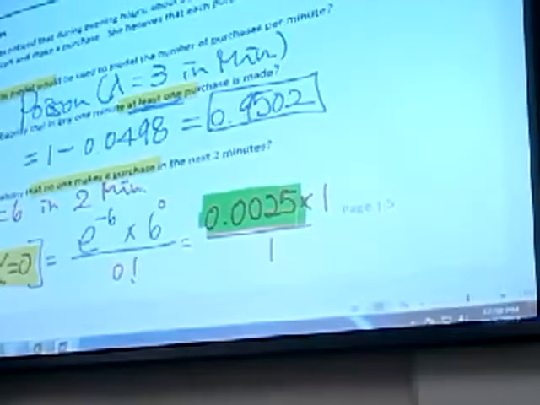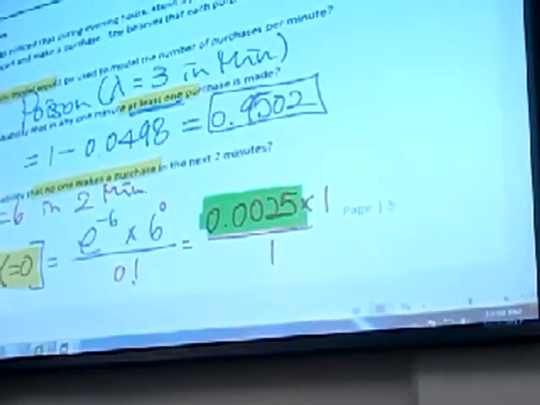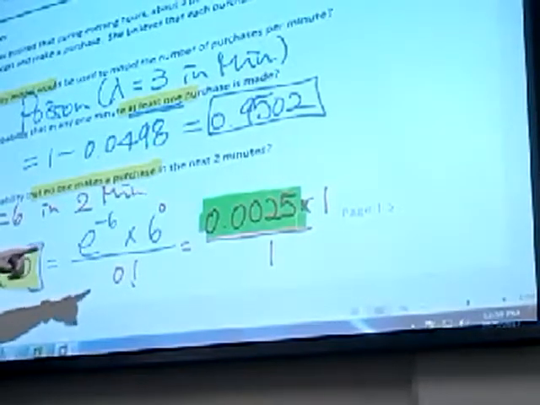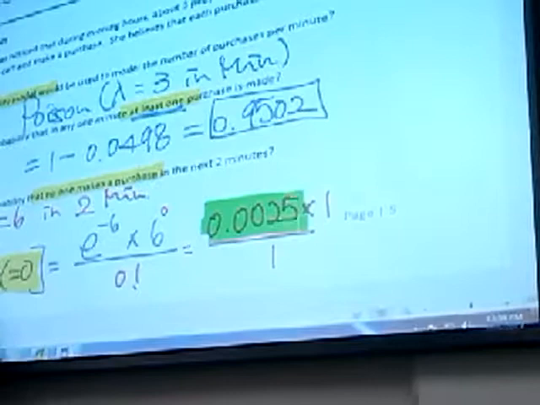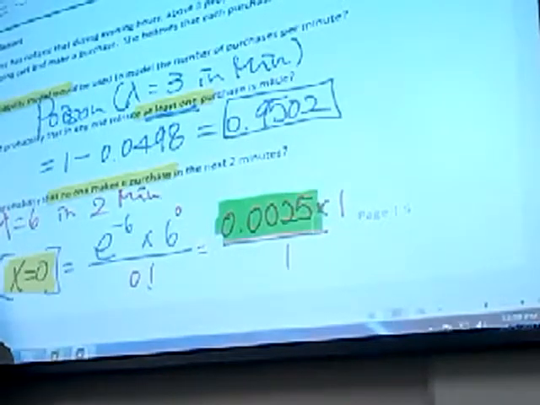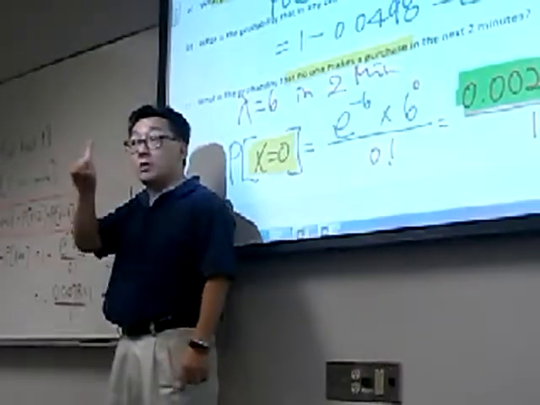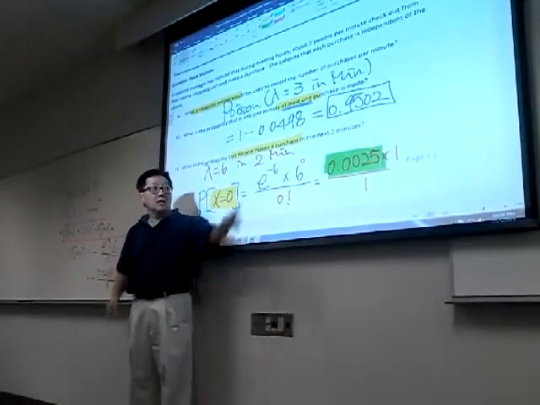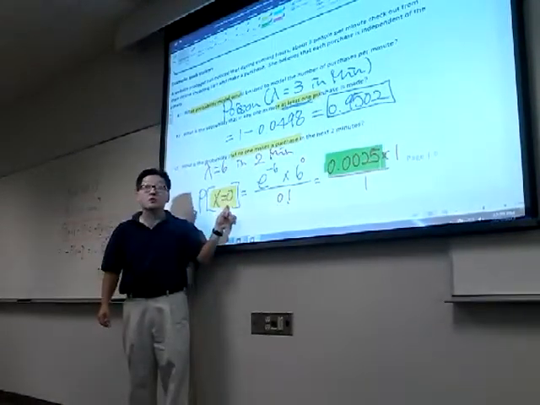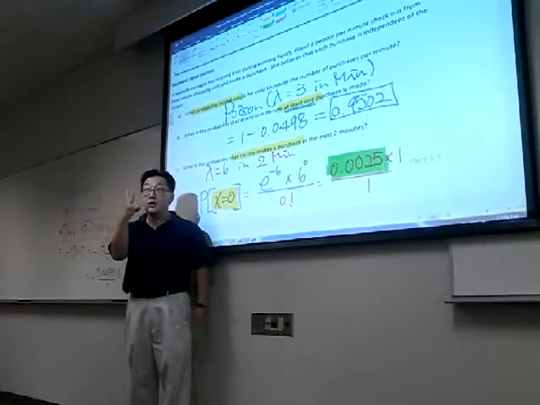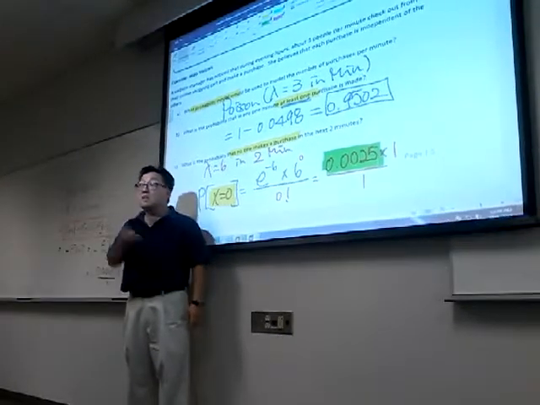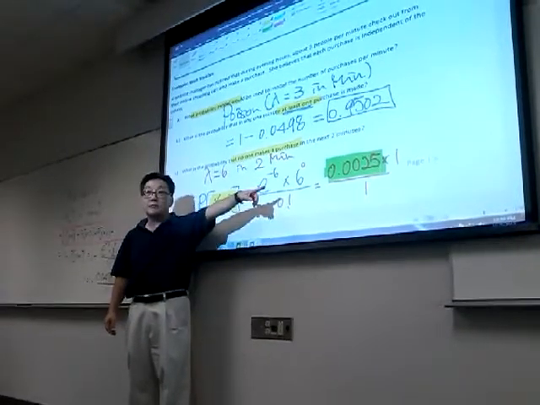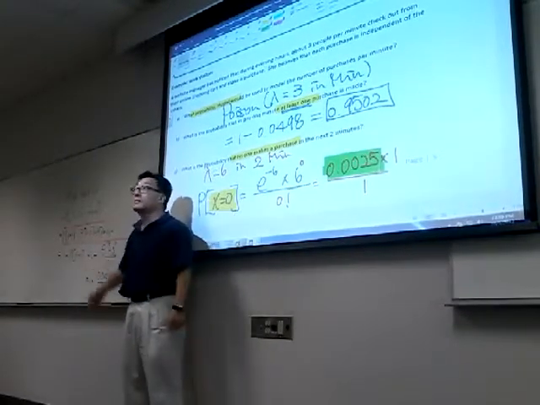Usually we had how many customers in 2 minutes? 6 customers. Can you understand why it is much smaller than this one? It is no customer in 1 minute based on 3 customers. It is the probability of no customers in 2 minutes based on 6 customers before, right? Yeah, it is much smaller than this.